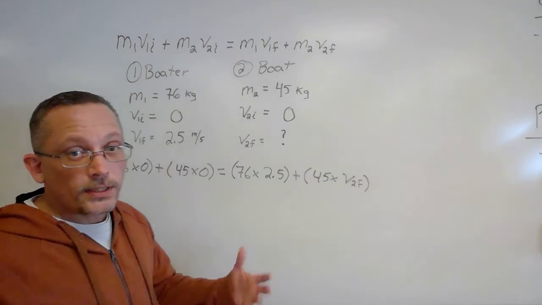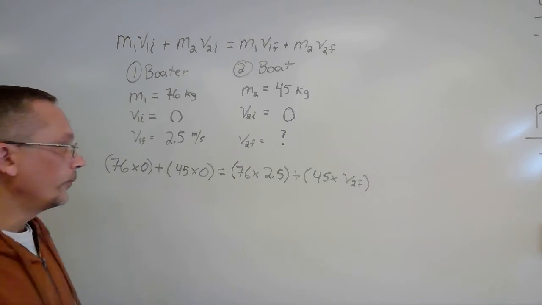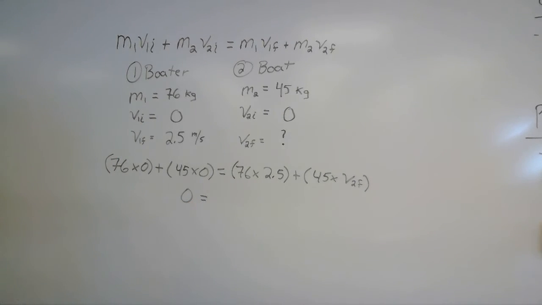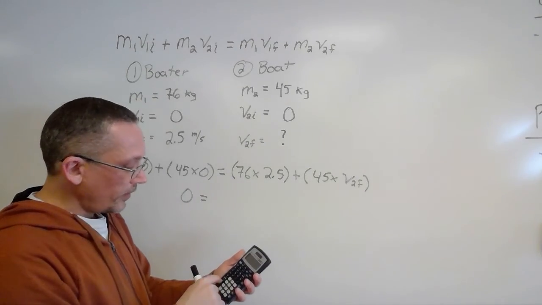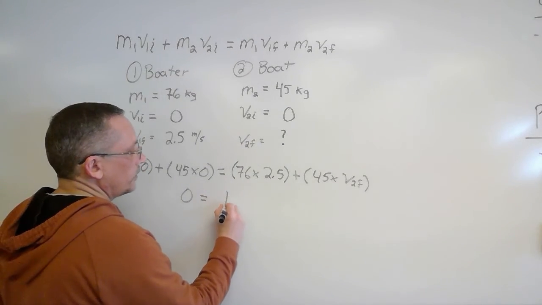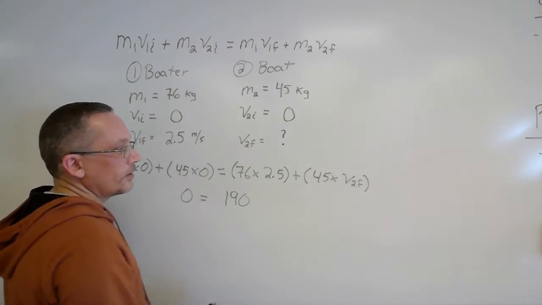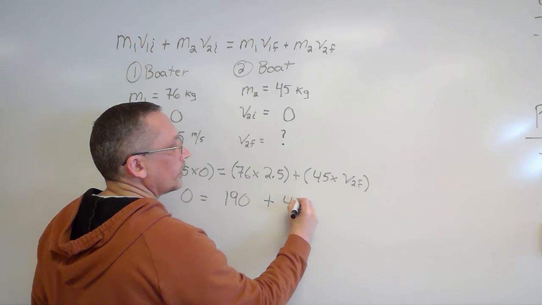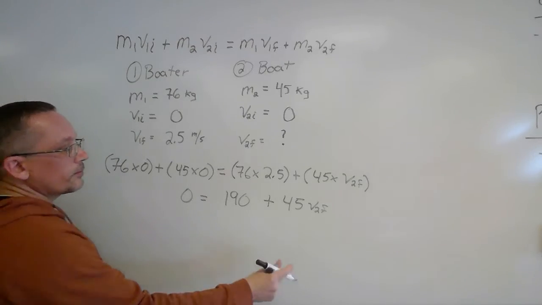Okay. Now we need to solve the equation. And this one's fairly easy to solve because this and this are both 0. So 0 equals, let me grab my calculator. I have 76 times 2.5, which gives me 190. Keep in mind they both have 2 significant figures, so this one has 2 significant figures. And here I have 45 times V2F. Let's subtract this to the other side.